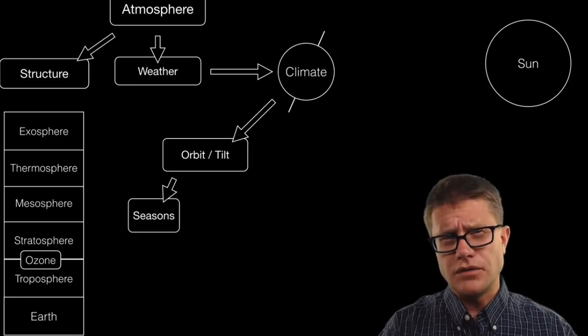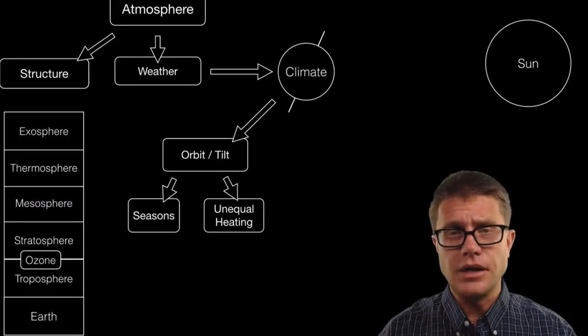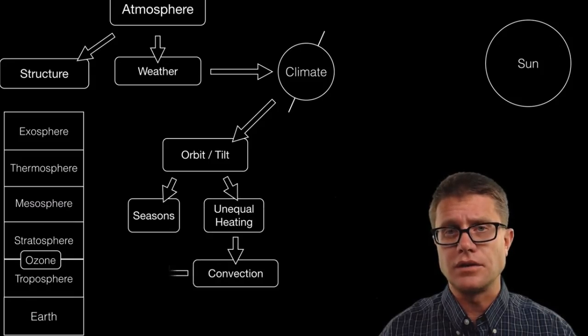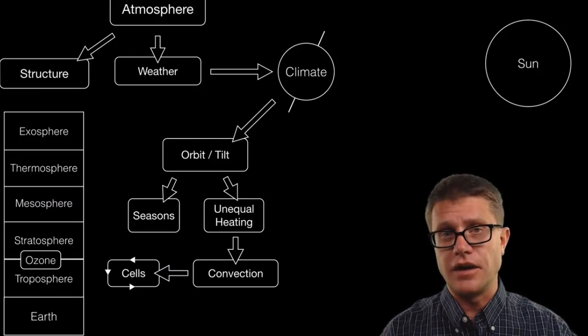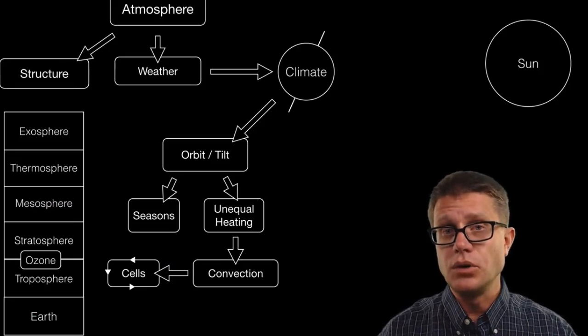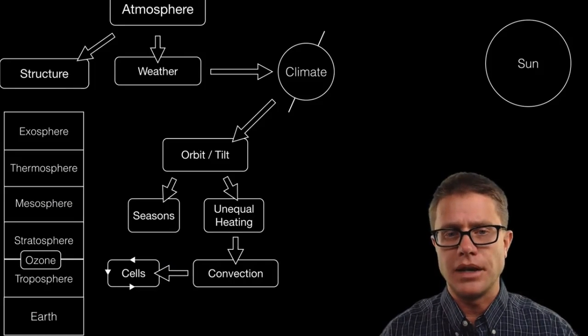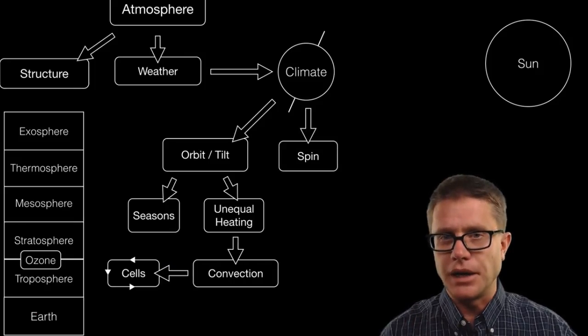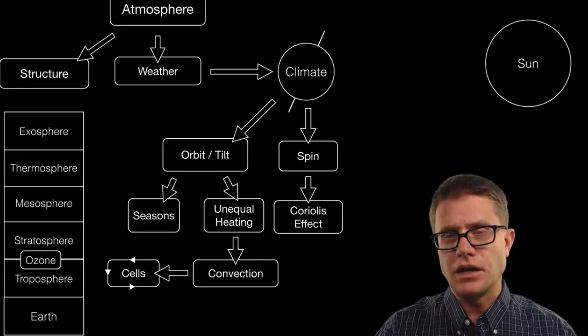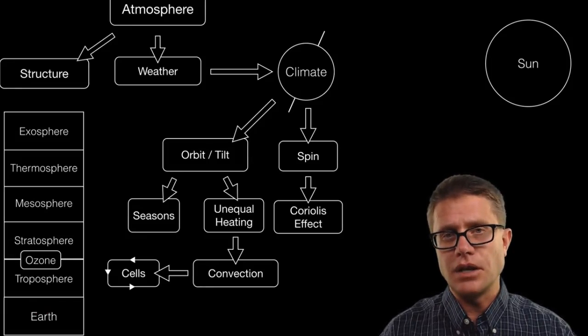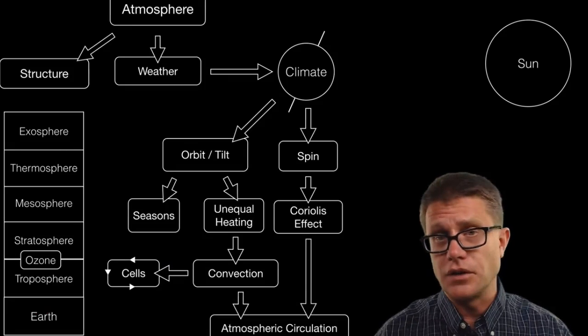But also, since we're a sphere, we're starting to get unequal heating of the planet, and those convection currents lead to cells in the atmosphere. Got things like the Hadley cell, the Ferrel cell, and what those are doing is moving the atmosphere around on our planet. Now, we also have a spinning planet, and that creates something called the Coriolis effect, and so it spins in a characteristic way. And so the combination of these two lead to atmospheric circulation.